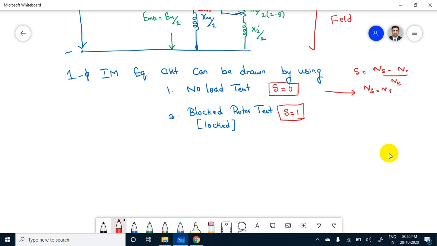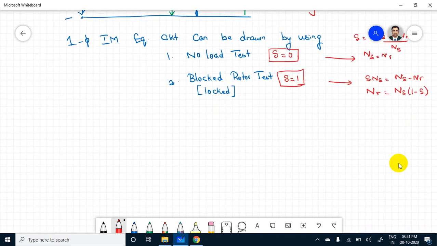In blocked rotor, when you substitute S equal to 1, you get Ns equal to Ns minus Nr, then Nr equal to Ns into (1 minus S). This is the difference.